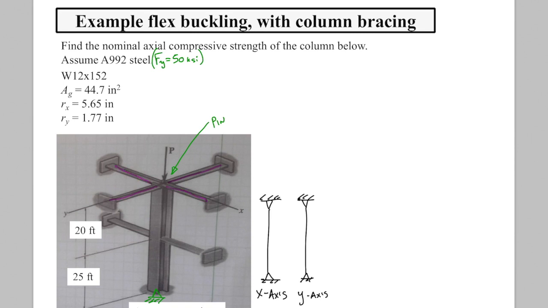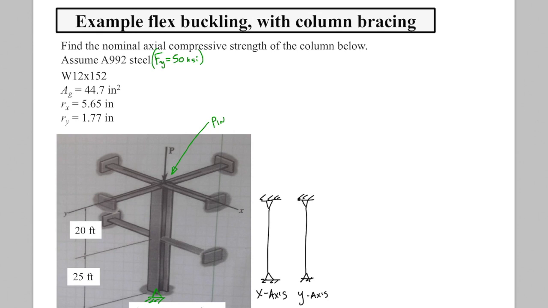So the top is braced, and that's why I can call this a pinned support at the top. And I'm calling it a pin support at the top, and you can see both x and y axes I've called pin support. So this is physically representative, a better drawing representation of these both axes being pinned.